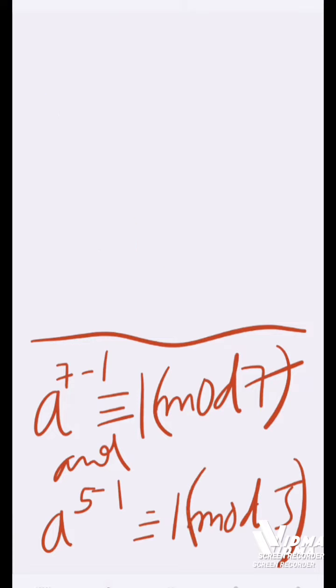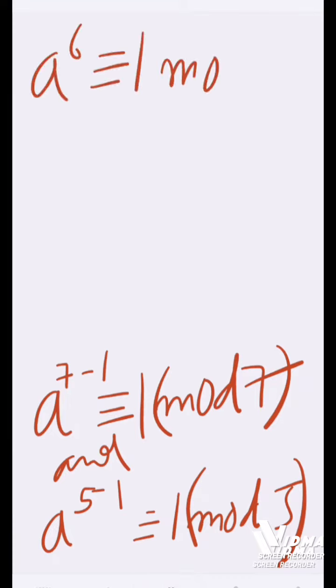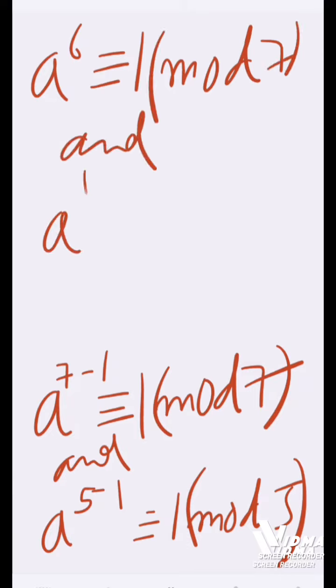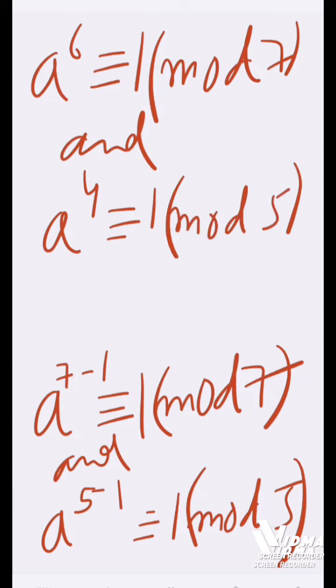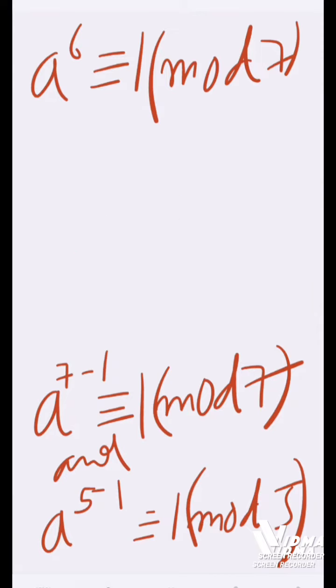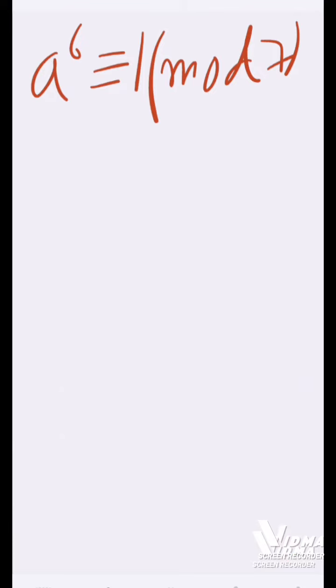Next, this is nothing but a raised to 6 is congruent to 1 mod 7 and a raised to 4 is congruent to 1 mod 5. Now, let's first take only this thing, which is a raised to 6 is congruent to 1 mod 7.